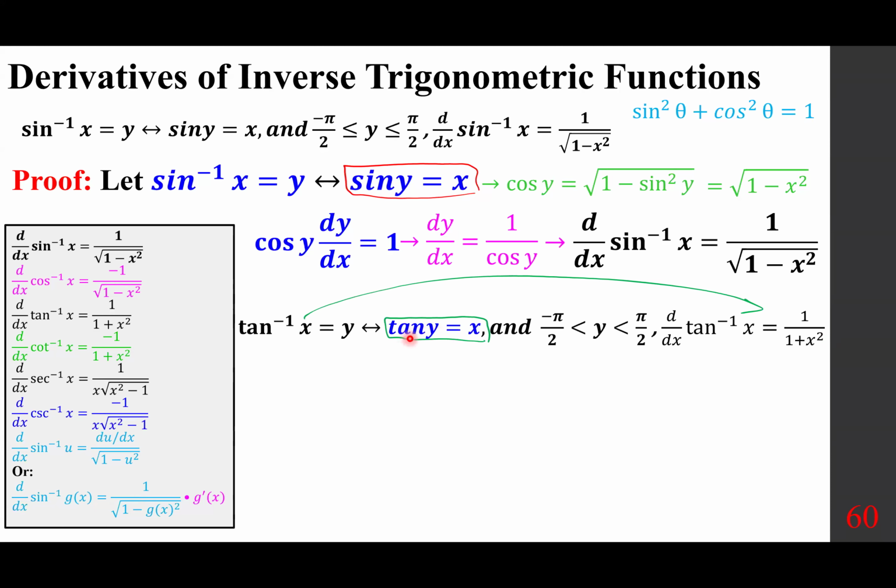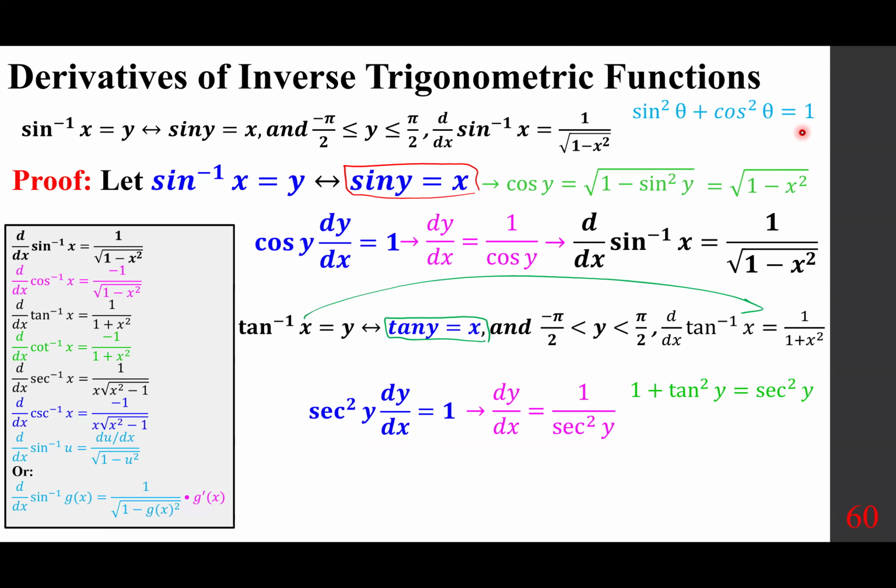The derivative of tangent, as you recall, is secant squared. So secant squared y times y prime, or dy/dx, and the derivative of x becomes 1. So dy/dx is 1 over secant squared y. And we know another Pythagorean identity: the earlier one was sine squared plus cosine squared equals 1, and also 1 plus tan squared is secant squared.